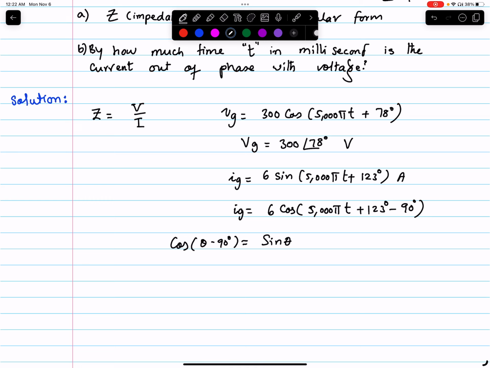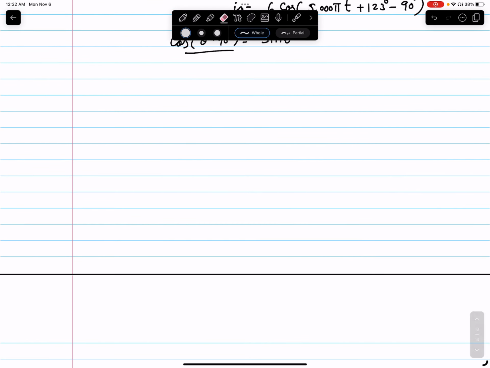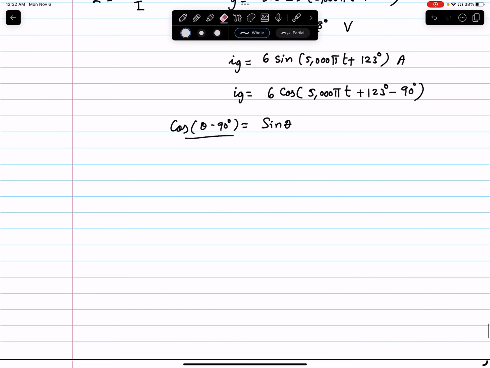So sine theta is cosine of the number minus 90 degrees. That's the idea we are using here. Now we can write the phasor transformation of IG as 6 angle 33 degrees.